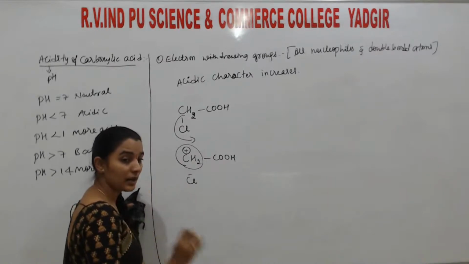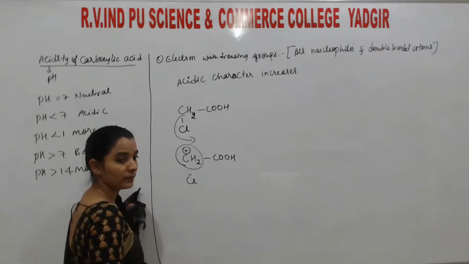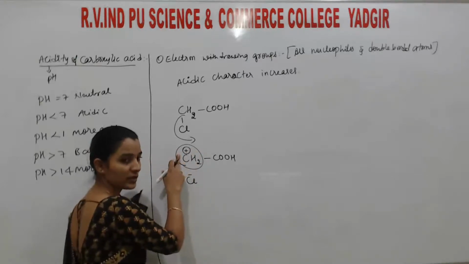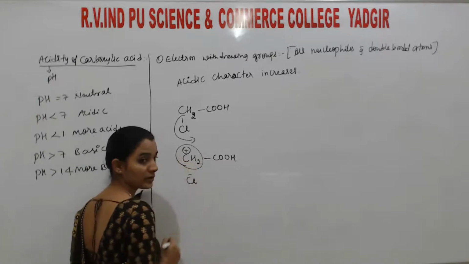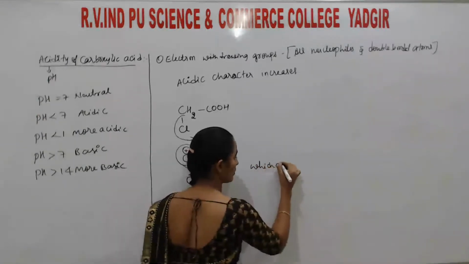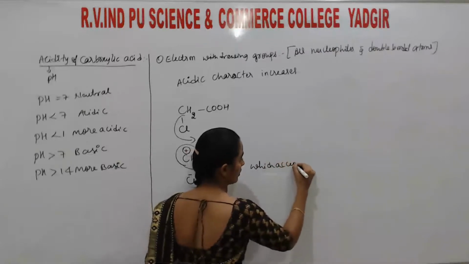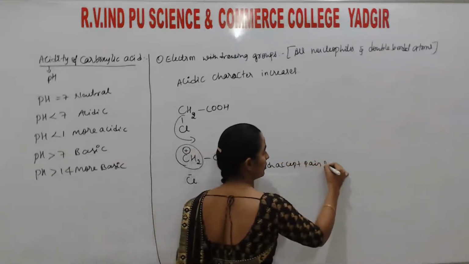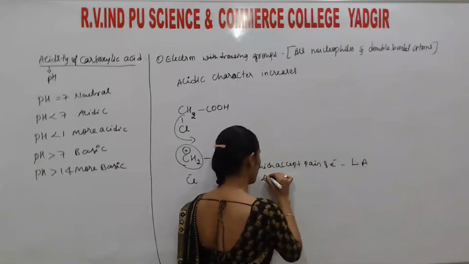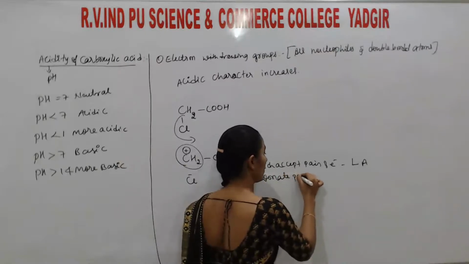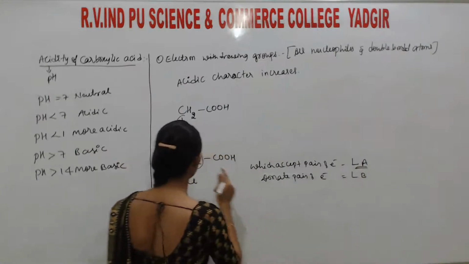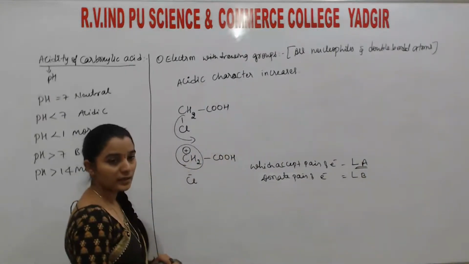Electron density is less, so it requires electrons. One which accepts a pair of electrons is a Lewis acid. One which donates a pair of electrons is a Lewis base. So these become Lewis acids.